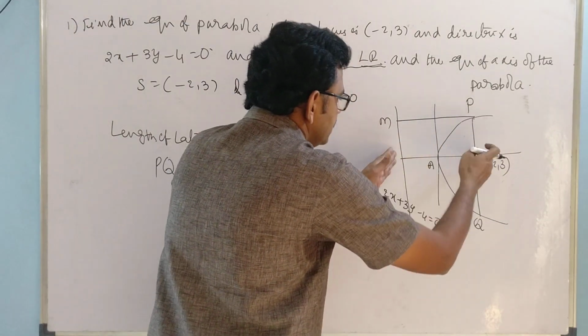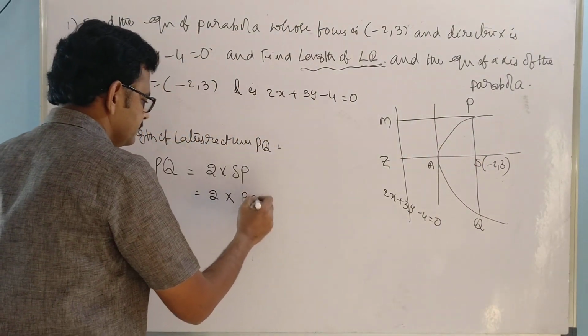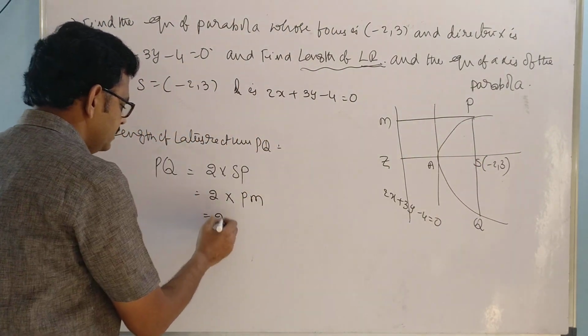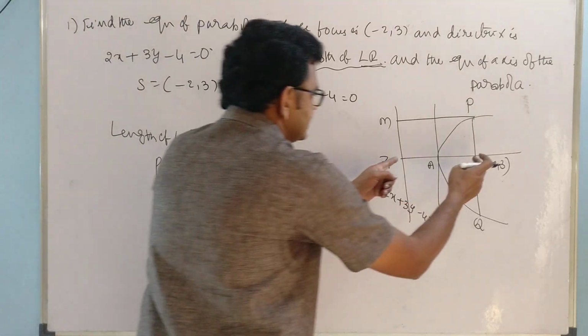According to the definition of the parabola, PM is equal to ZS.